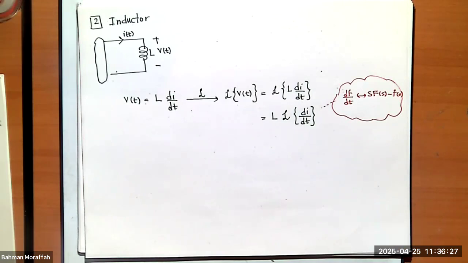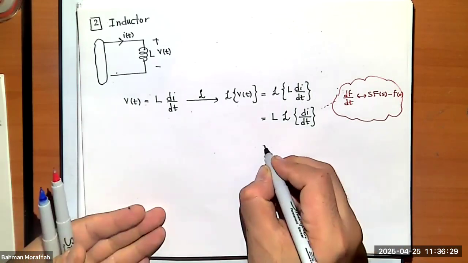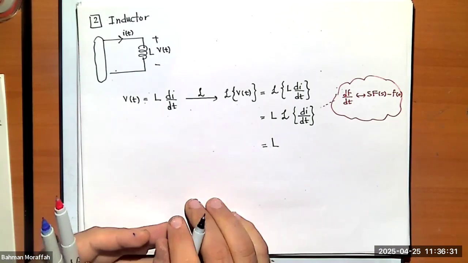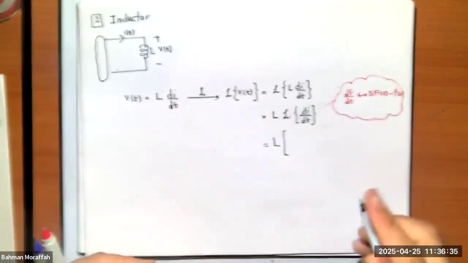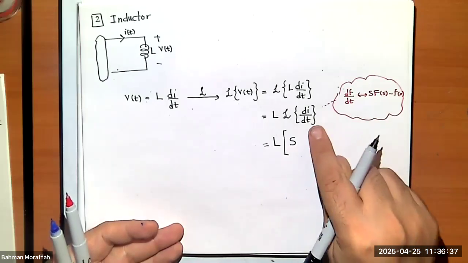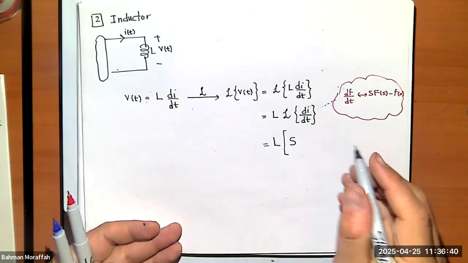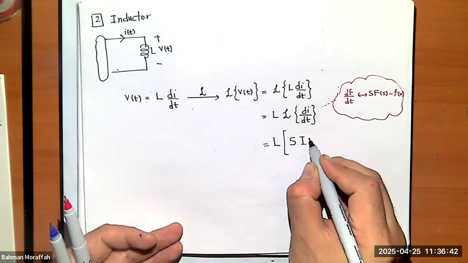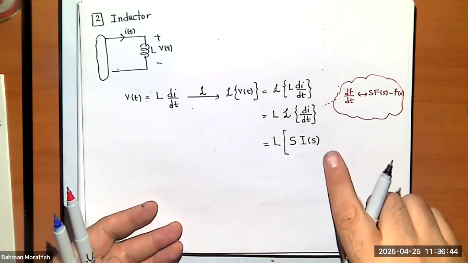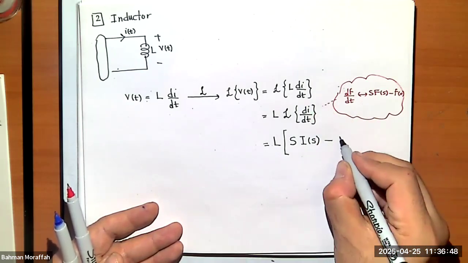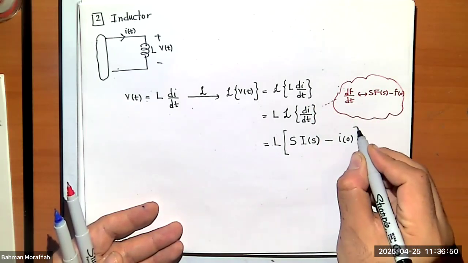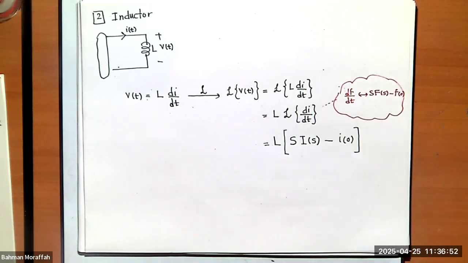So let's plug it in here. I have L times the Laplace transform of the derivative, which I know is S times the Laplace transform of I, which is I of S, minus the value of I evaluated at zero. So what do I have?